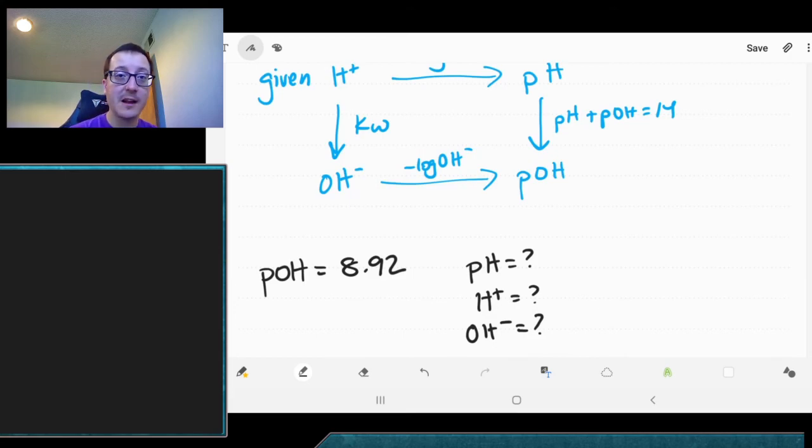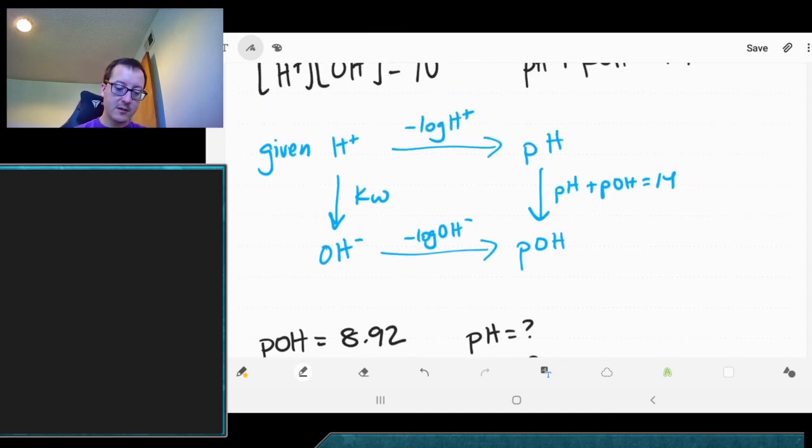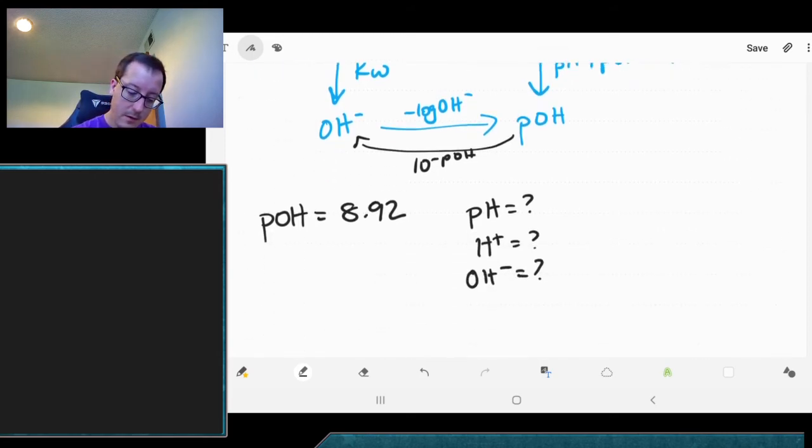Those two we can calculate directly from pOH. Those are linked together. So just like here, we're now just going the opposite direction. We do the opposite equation here. So we can calculate this one first, why not?